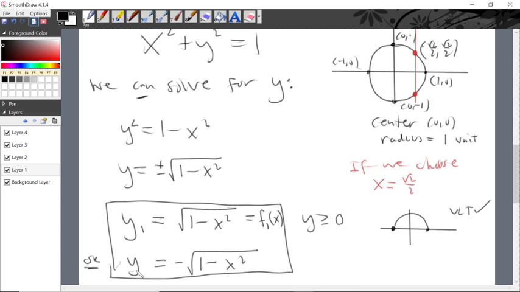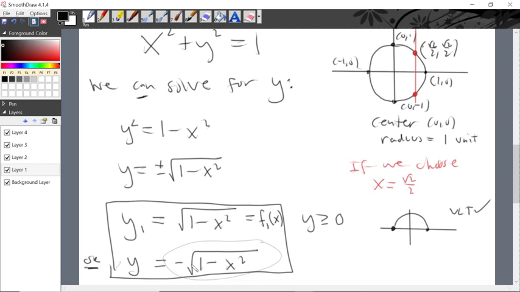For the other function, we have the negative square root on the right-hand side. Remember, the output of a square root with real numbers is never negative. So if the square root itself is never negative, then putting a negative sign in front of it guarantees that this expression is never positive.